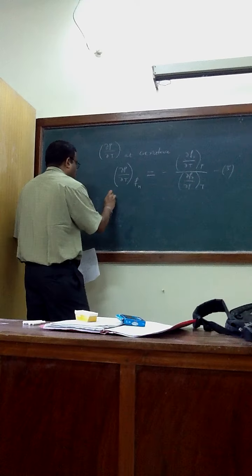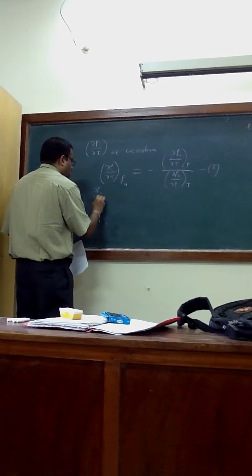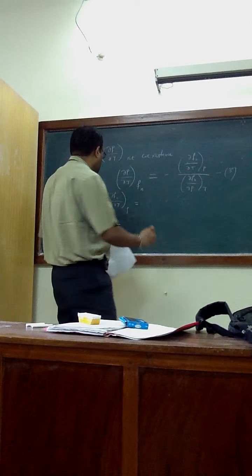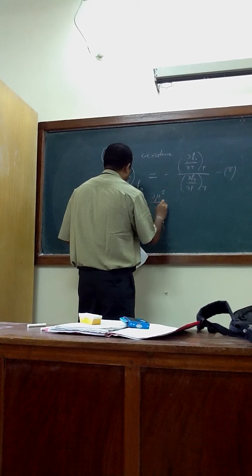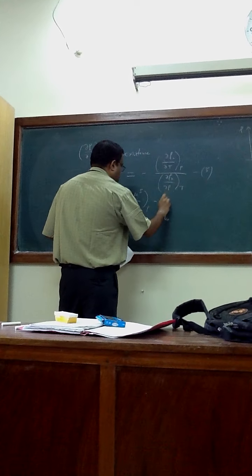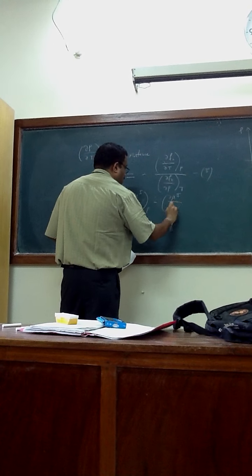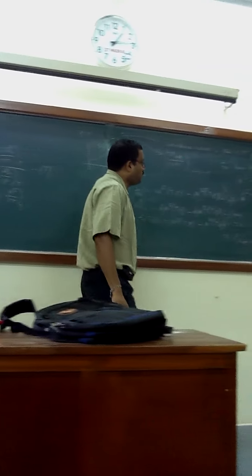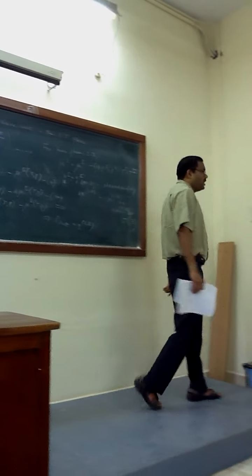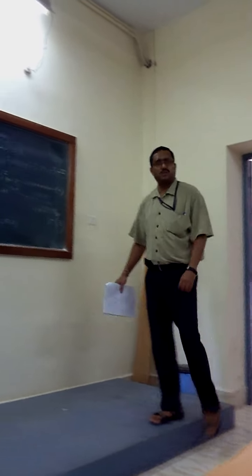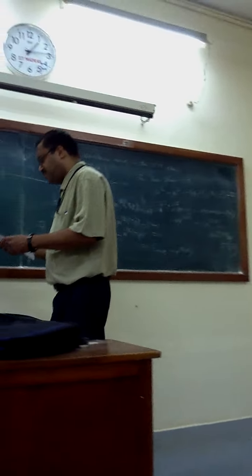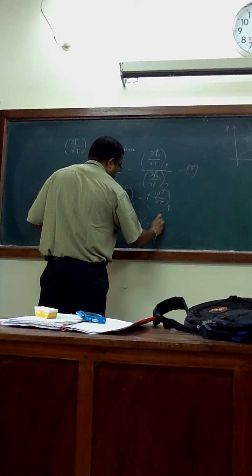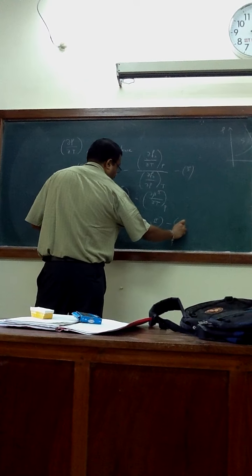So the first part, the numerator, dou Fn by dou T at fixed P. What will you get? You will get dou mu1 by dou T at fixed P minus dou mu2 by dou T at fixed P. You have equation number 2: dou mu by dou T is minus S. So it is minus S1 minus minus S2, equation number 5a.